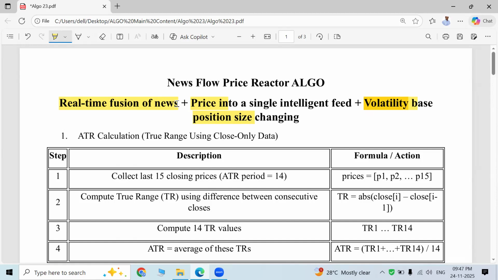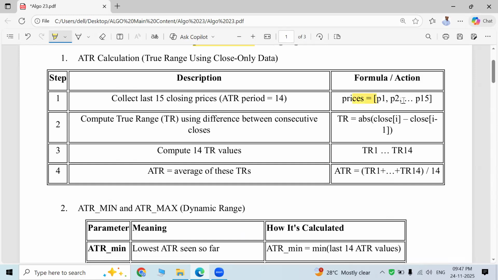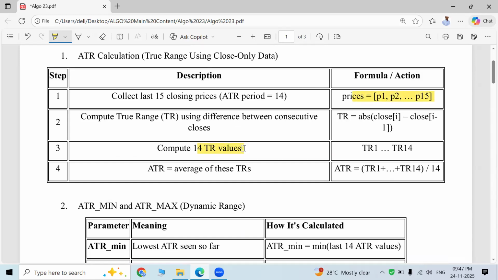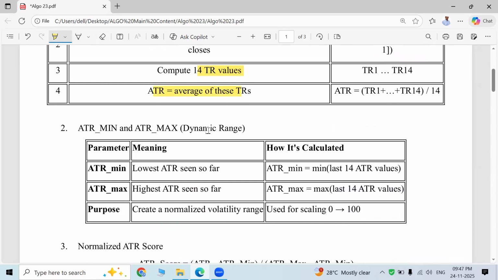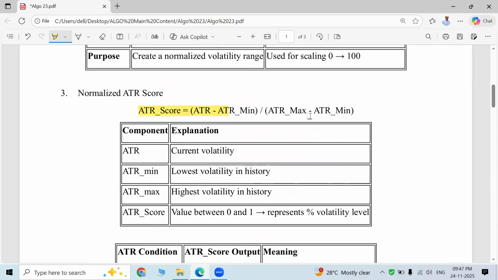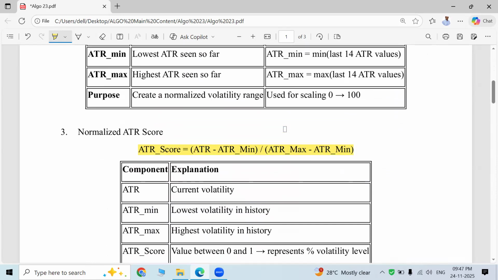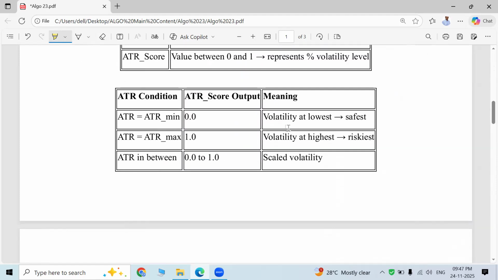Now let's consider this first. Suppose you have 15 prices from the market, and first you will calculate the TR, then from that the ATR, and we are going to normalize the ATR so that we get the exact ATR score. Once we do that, we are going to scale the ATR like this.